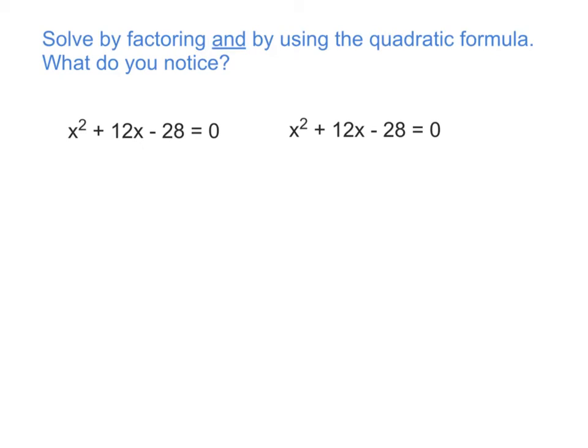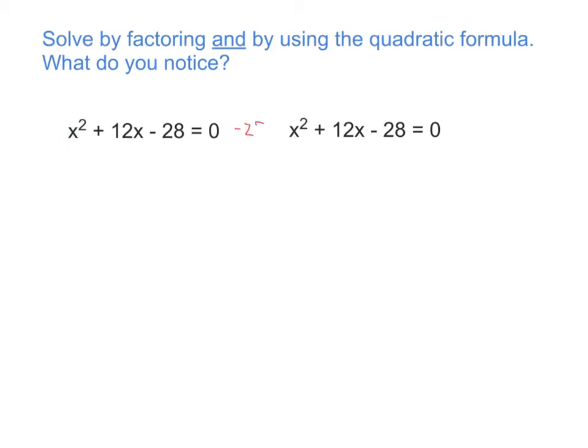All right, and the last thing I want to do in this video is show you that factoring and the quadratic formula will both sometimes give you the same solution. So first we're going to solve this example by factoring. Because the value in front of x squared is 1, we can just use the quick method of factoring.